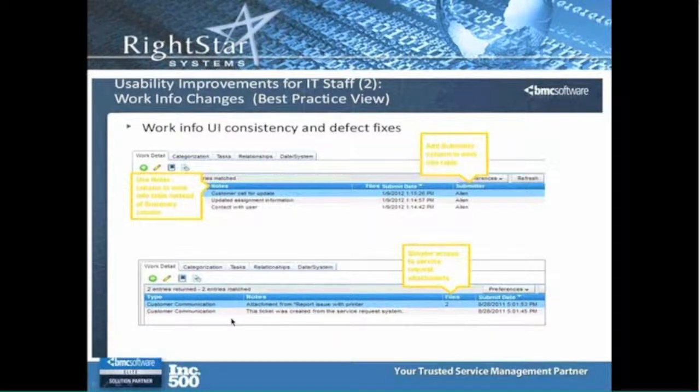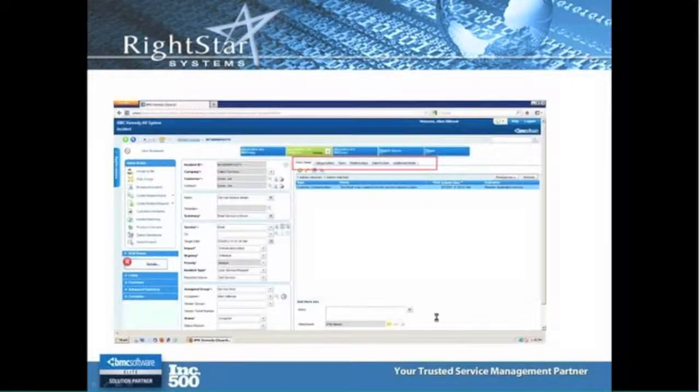If there are attachments for different entries here, we tell you how many attachments are part of that particular work log entry. And again, that's on that same new tab we talked about, where you've got the new categorization and the task in addition to what you're used to seeing. Obviously, there's also the date and time stamp of the submit.